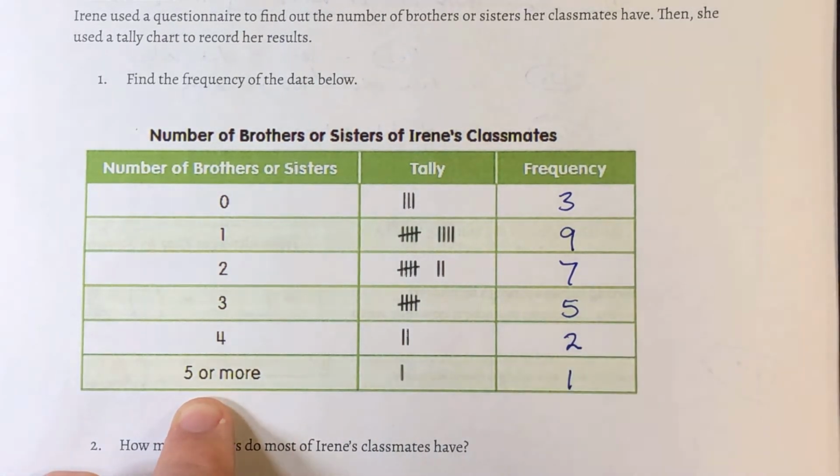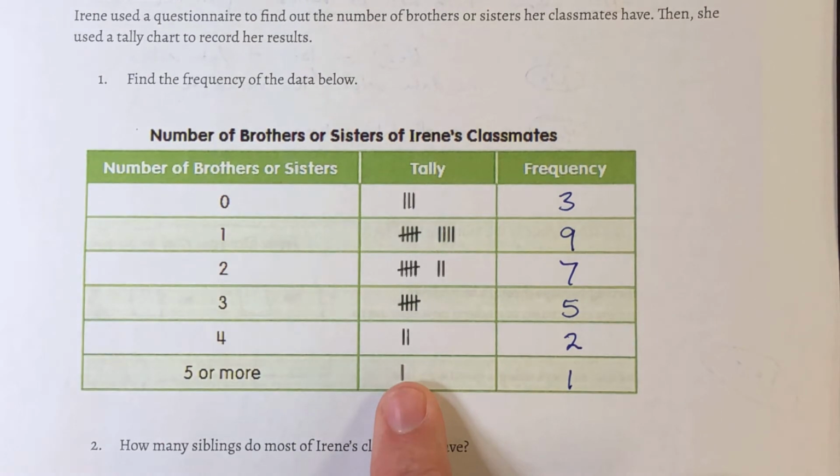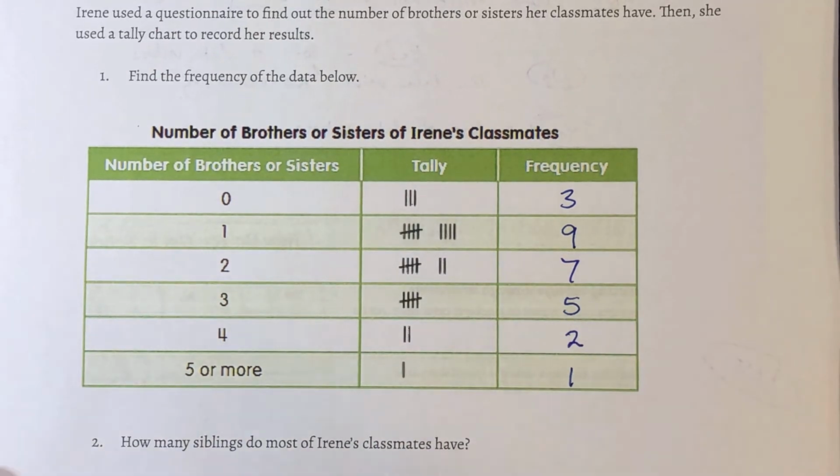Just one person. So either this person is very happy because they have a lot of people to talk to and play with, or they probably try to hide in the room to get away from all of those people. I would have fit in this category right here.